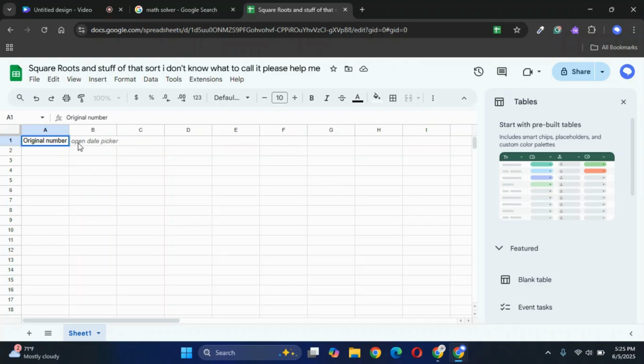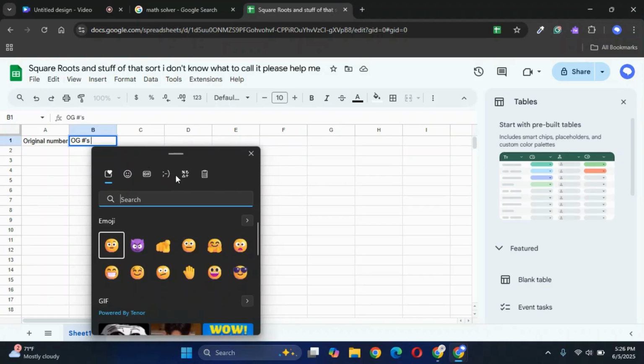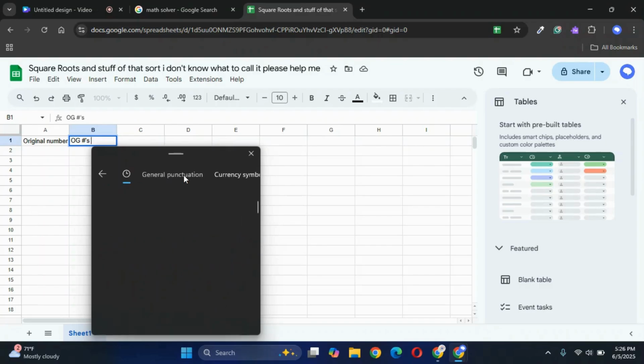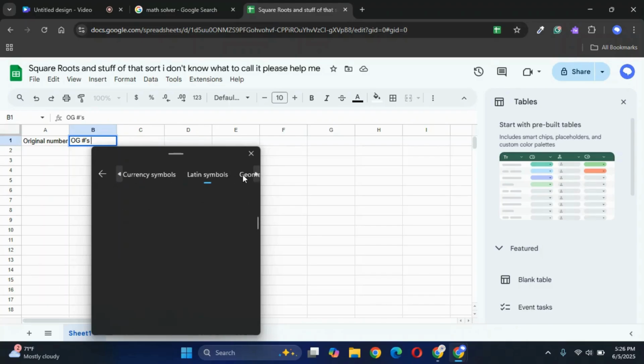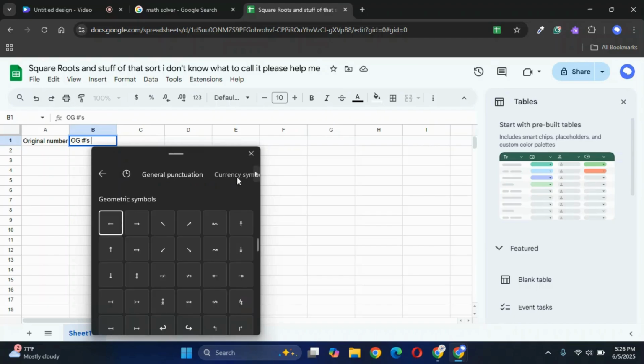Original number, OG numbers, square roots. Is there a symbol for that? No. Not geometric.